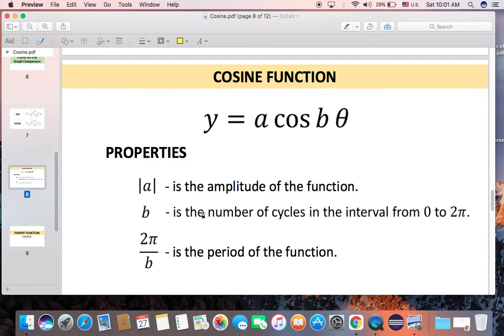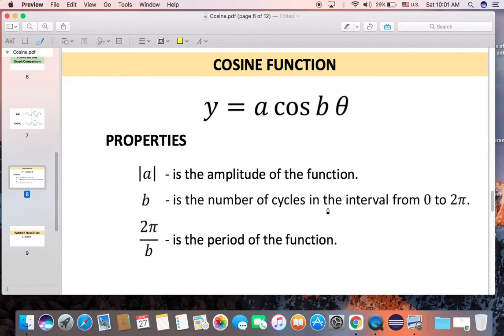If you find the b value here is more than 2 pi, it means that your answer is not correct. The formula of the cos function: you need to take 2 pi over b. This is the formula of the period. For example, if b is equal to 2, it means the period here is equal to pi.